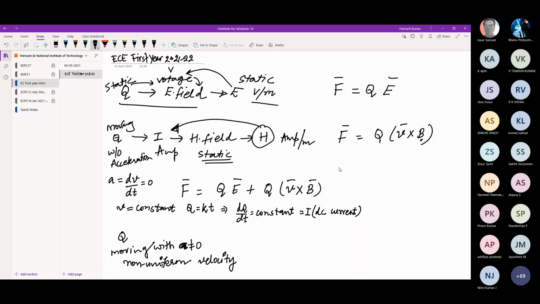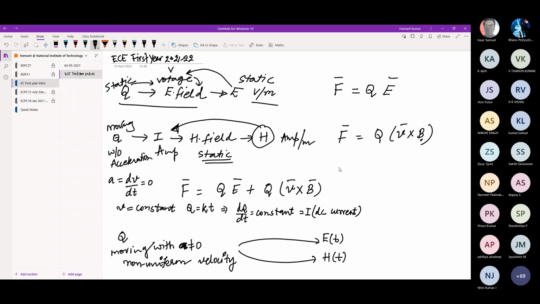But when there is an AC current or non-uniform velocity, the charge is moving with some acceleration. In this case it will have both components: an electric field, and that electric field will vary with respect to time, because the velocity is non-uniform. It is depending on time. It will have another component also, a magnetic field, that will also be a function of time.